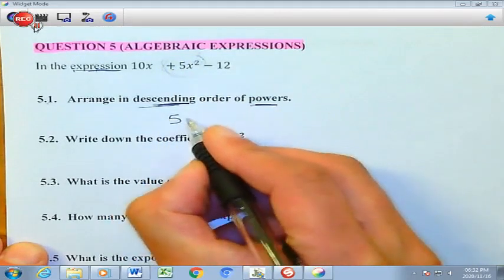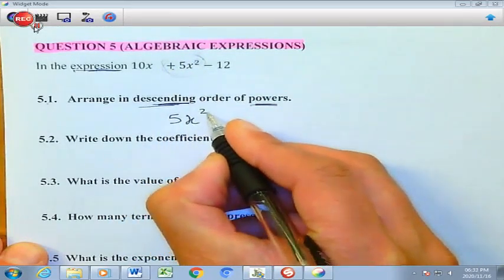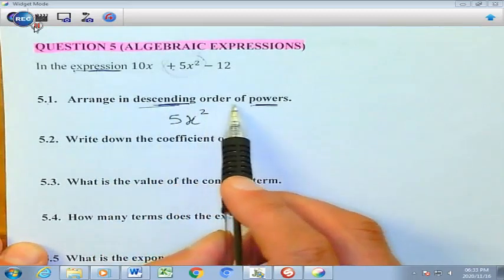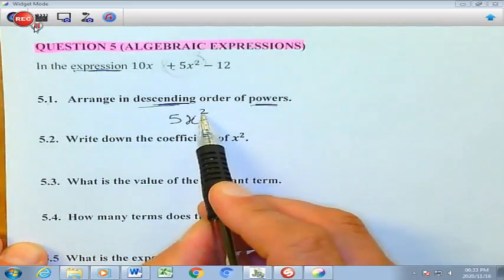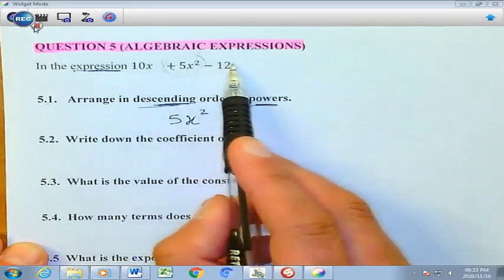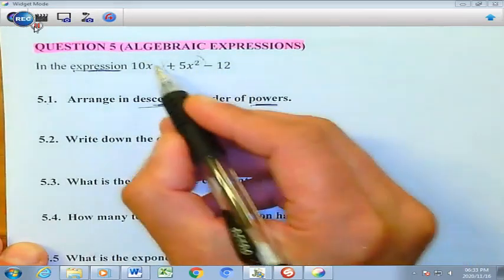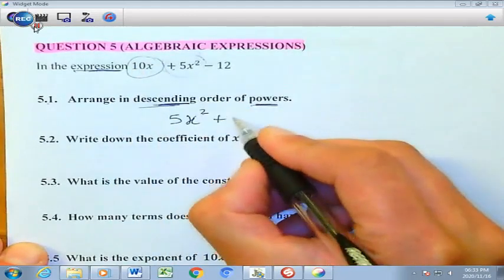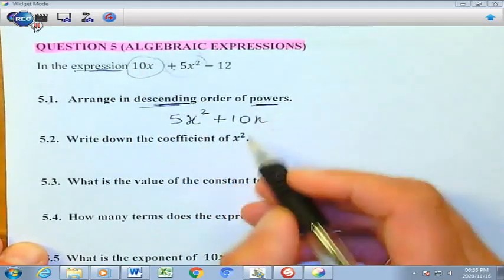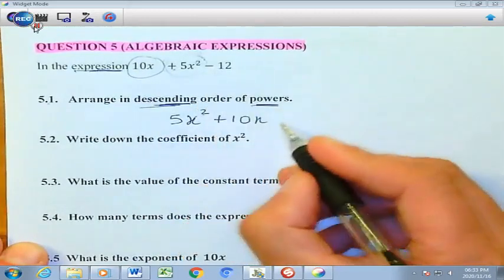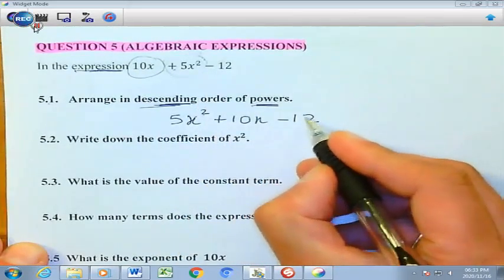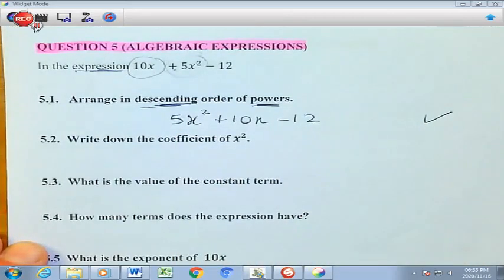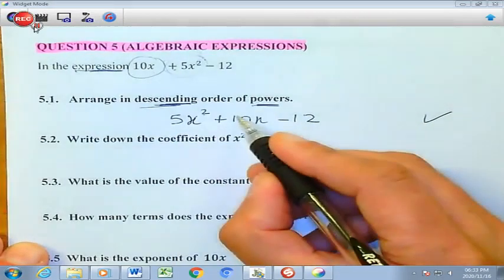So 5x to the power 2, right? It is descending order of powers. That becomes your biggest power because there's no other bigger power here. Then you take 10, and that 10 is a plus in front of it, plus 10x. And then of course you will have your negative 12 here. That is 1 mark, and that is the descending order of powers of the expression.